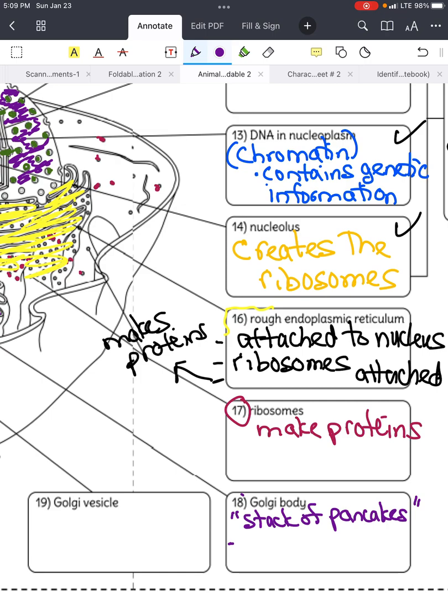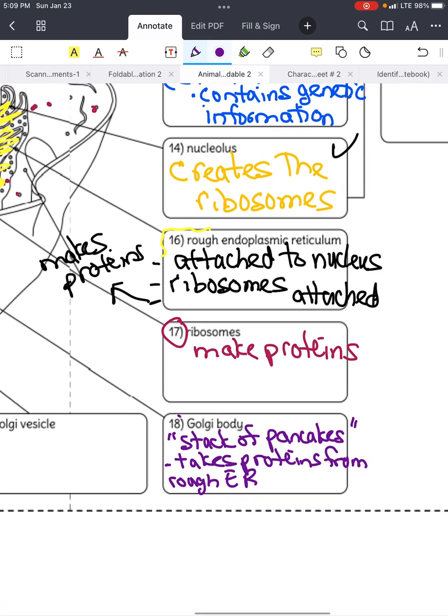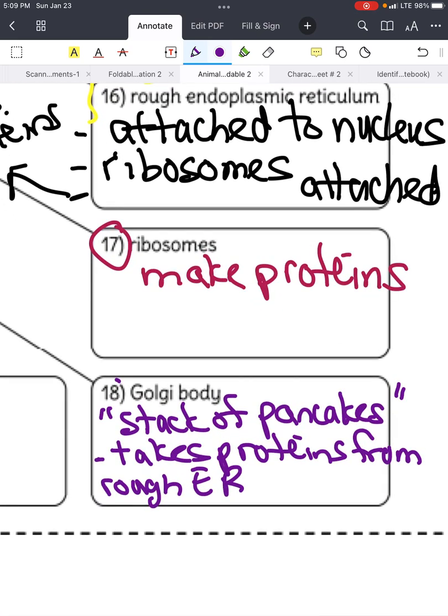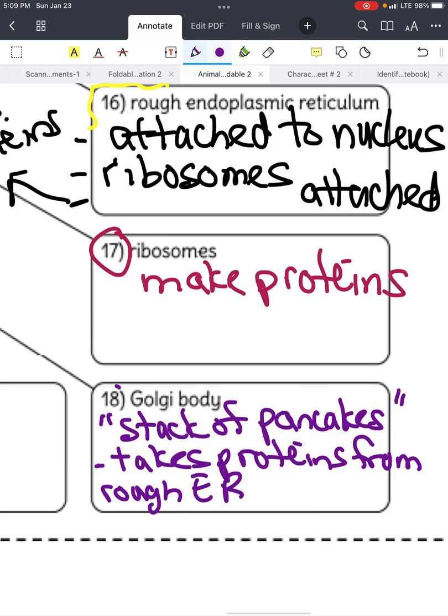What this does, this takes the proteins from the rough ER and it's going to remodify, repackage, and distribute these proteins to other parts of the cell.